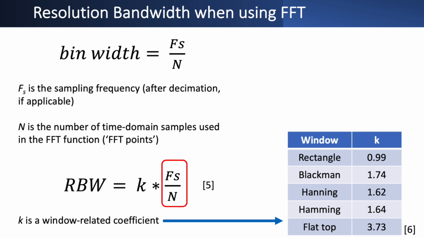Going from this bin width to the resolution bandwidth is quite simple: we only need to multiply the bin width with a factor k, a window related coefficient that has been determined for a variety of different windows used in FFT. The table at the right bottom of the screen shows the typical values for k for various types of windows.